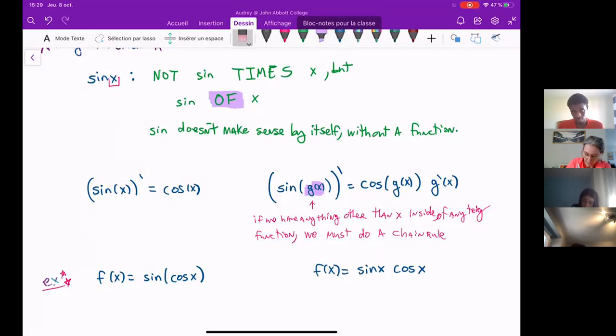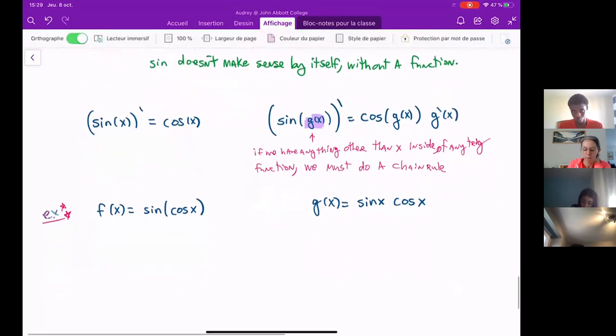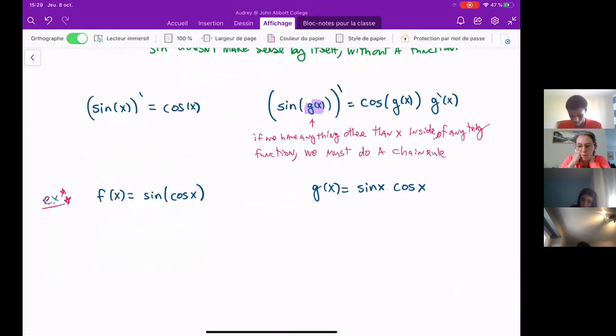Actually, I'll call this one g of x. What is the difference between f and g? Am I going to do their derivatives exactly the same way? Got it, Usman, exactly that.